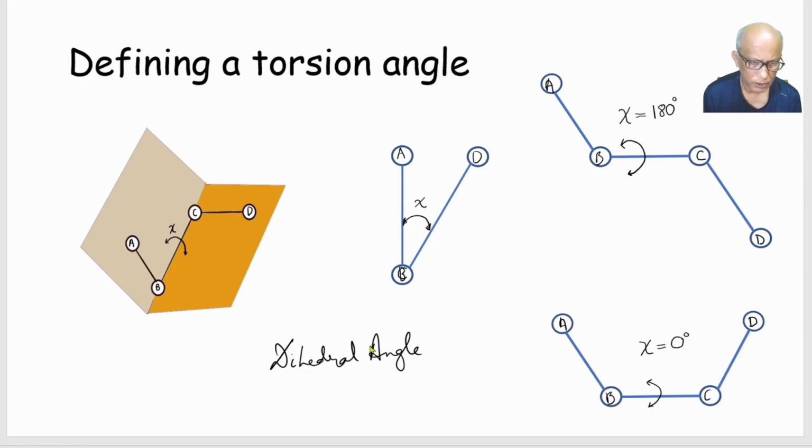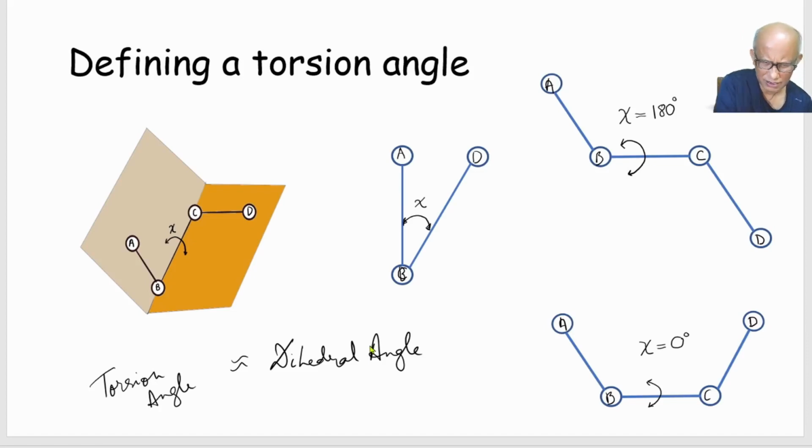So we will also use these two terms, dihedral angle or torsion angle, interchangeably and not distinguish between them. Although some textbooks very correctly make a slight distinction between these two, we will not get into this at this point. So to define a dihedral angle or a torsion angle, we need 4 atoms.